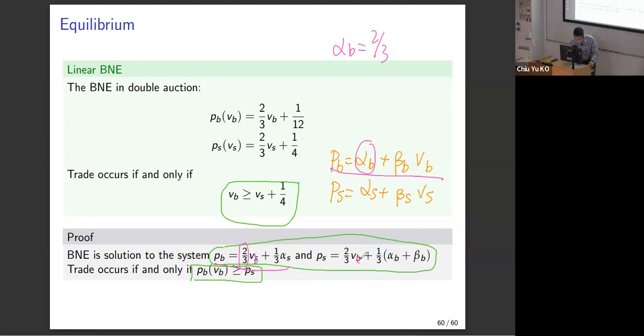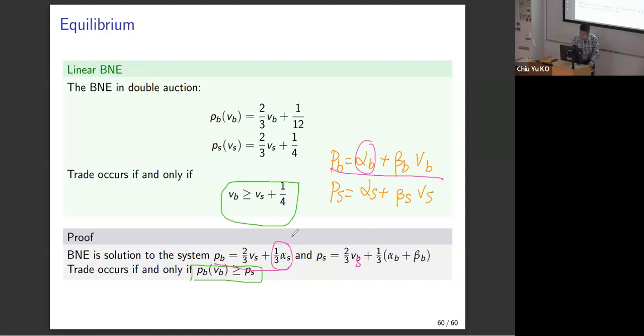Sorry, there's a typo here. Sorry for the typo. So the first thing, you look at the alpha B is this guy, right?